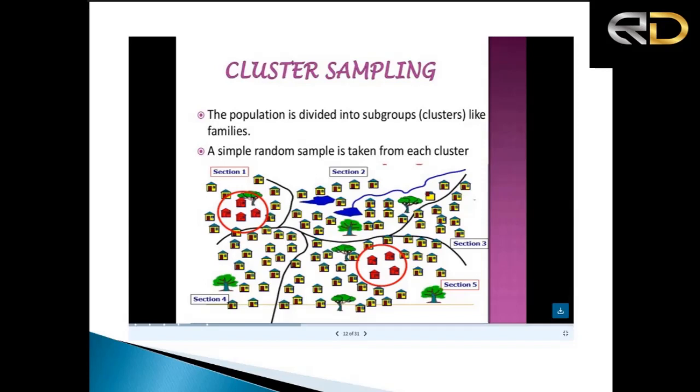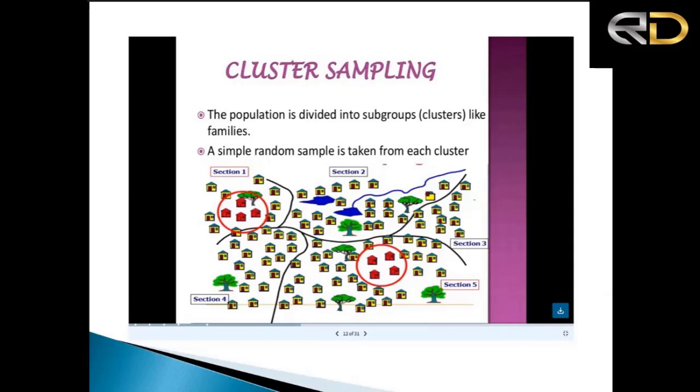So here the sampling unit is the cluster, and a cluster is a group of basic units. Suppose we don't know the enrolled number of students of the university, so the sampling frame is not available to us, and we wish to do sampling from this particular university.